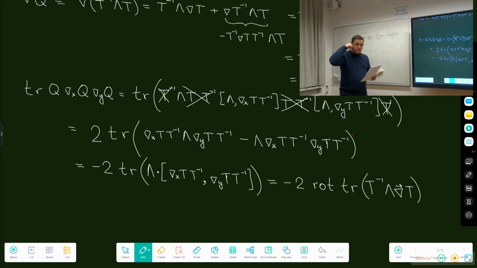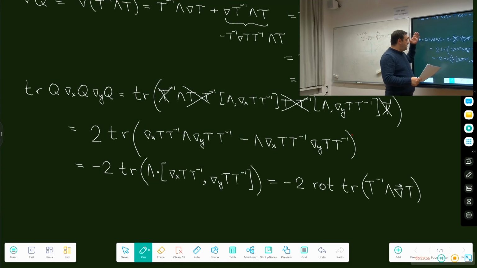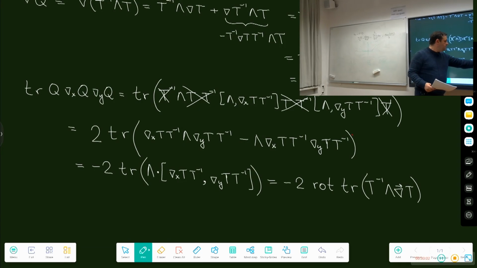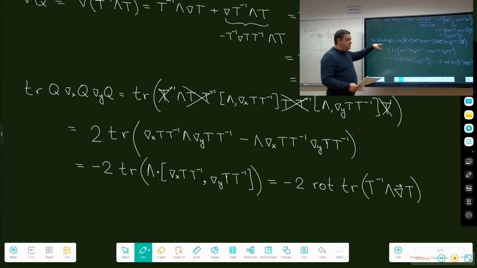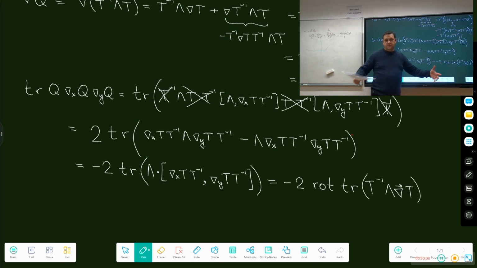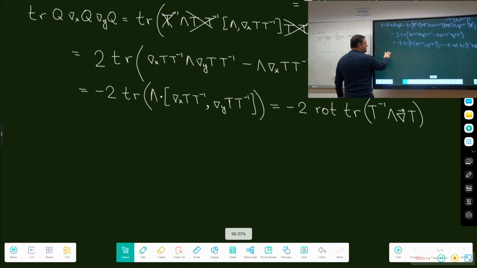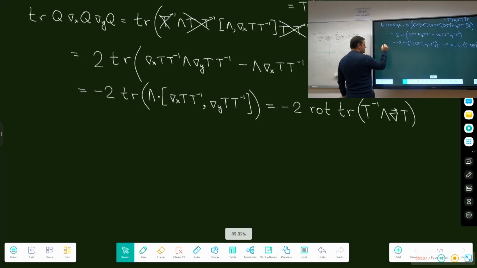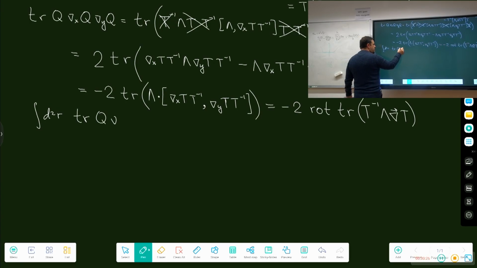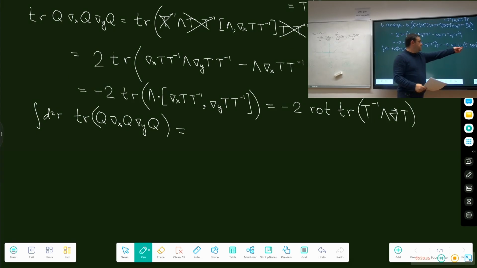So, coming back to your question in the beginning, why do we at all care about this Pruskian term? It's not really obvious, because the object that stays here, this trace, is a total derivative. It's a rotor of some vector. So the integral over two-dimensional space of this trace Q nabla_x Q nabla_y Q is the integral of this rotor.